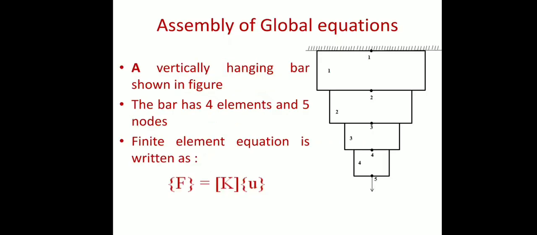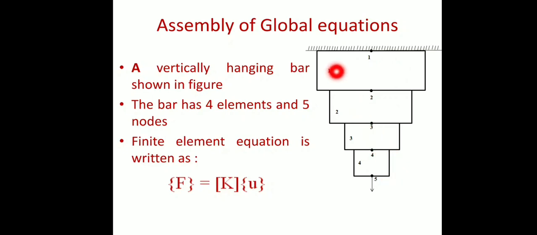First of all, we start with assembly of global equations. For that, we select a vertically hanging bar as shown in the figure. That bar is discretized as elements 1, 2, 3 and 4 with nodes 1, 2, 3, 4 and 5.